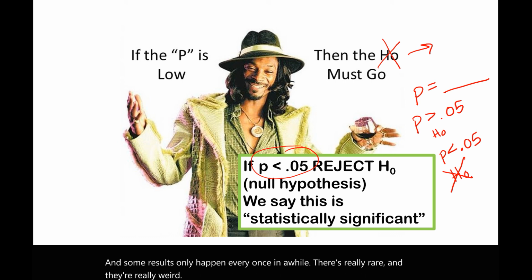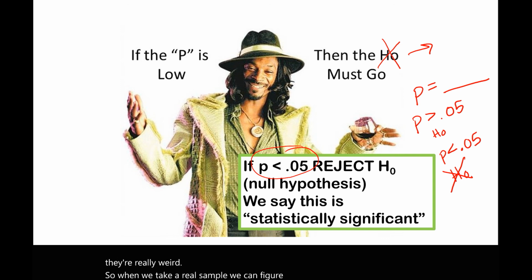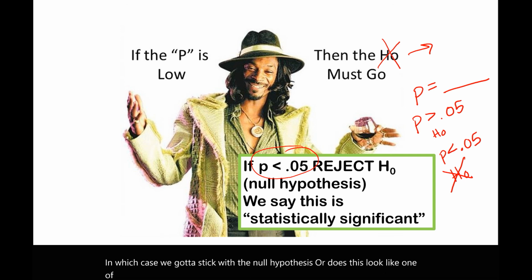So when we take a real sample, we can figure out, does this look like one of those samples that happen often? In which case, we got to stick with the null hypothesis. Or does this look like one of those really weird samples that almost never happens? In which case, the likelihood's so low, we don't think the null hypothesis is true anymore, and we reject it.